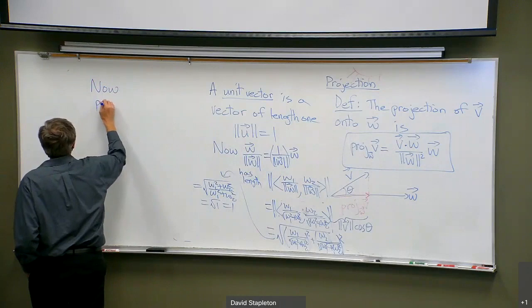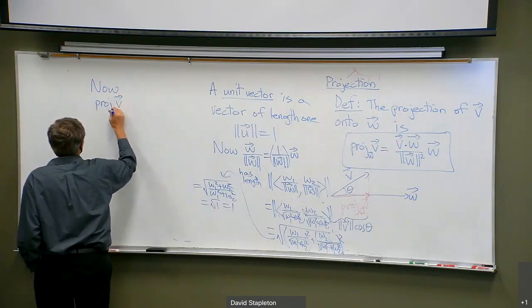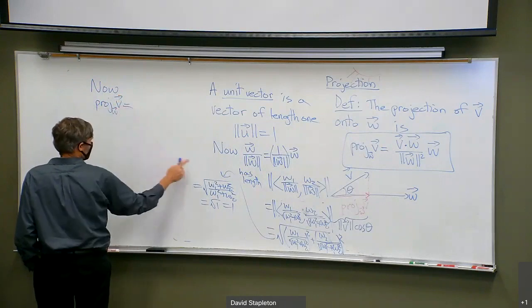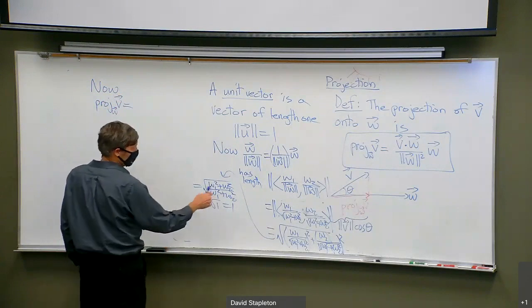The projection of V onto W will be the vector of this length.